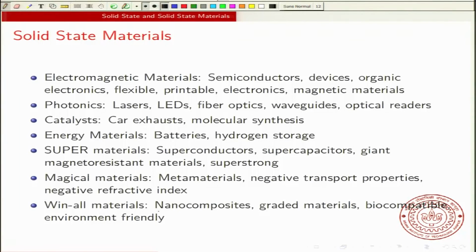So typically nanocomposites are used to tune multiple properties. There are also graded materials, where you have different materials in different proportions. Many of these materials are biocompatible and environmentally friendly. Usually when you take a solid state material, you say that it is not going to be biocompatible, but by manipulating them you can generate these exceptional materials which are both biocompatible and environmentally friendly.